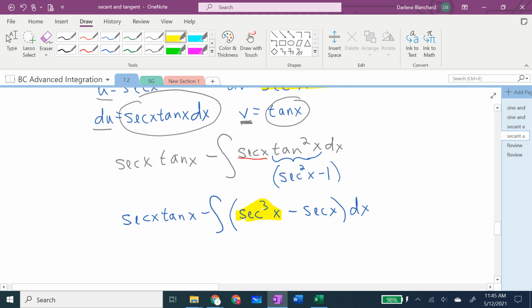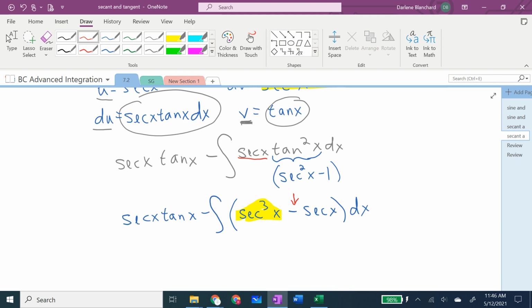That's what I'm solving. I'm solving for the integral of secant cubed. Now, if you're solving for an integral and you find that integrand show up inside another integral, that's actually good news. I can split this subtraction into two integrals.